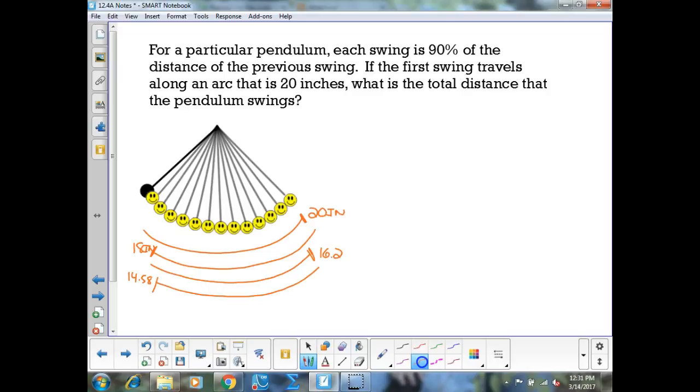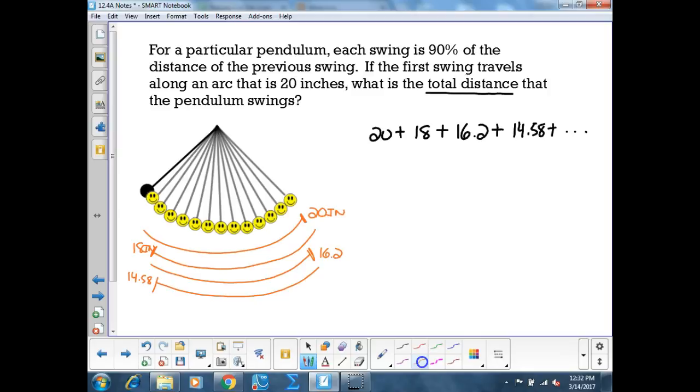Okay. So if I'm finding the total distance, that's going to be 20 plus 18 plus 16.2 plus 14.58 plus on and on and on.